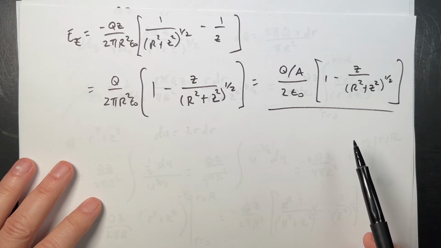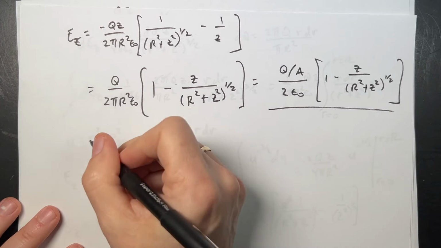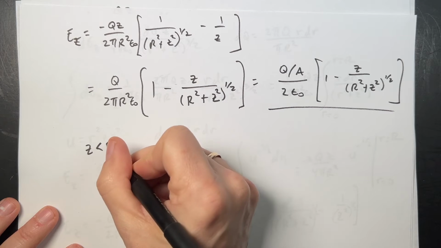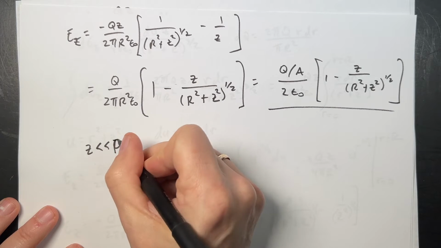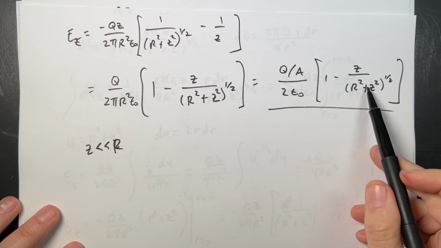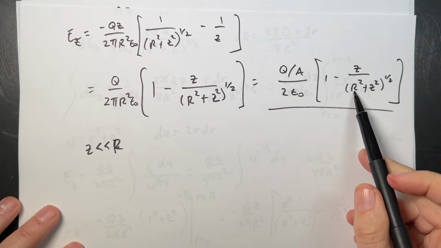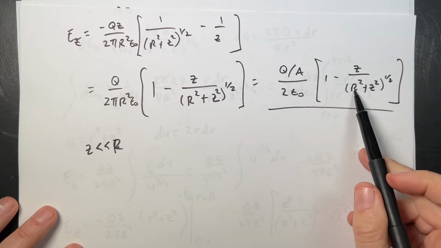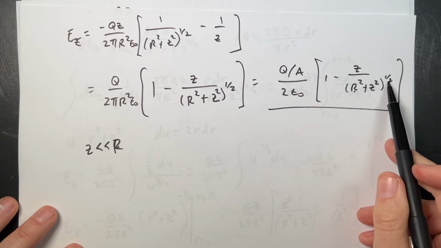Got that. Okay. Now, if z is less than r, so very close to the plate, then if z is much smaller, I can just write this as z over r, because r squared plus z squared is just r squared, take the square root, and I get that.